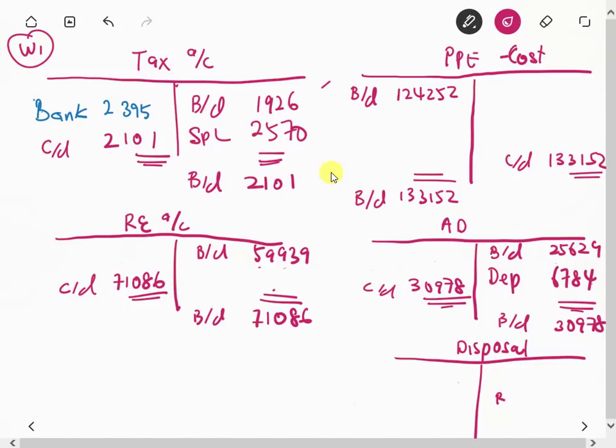So this is bank. I received 5667. Understand? Continue. Realizing a profit of 1806. You make a gain of 1806. Where? Debit of disposal, right? This side.